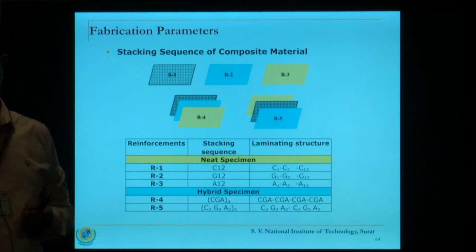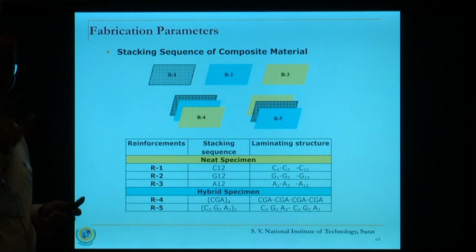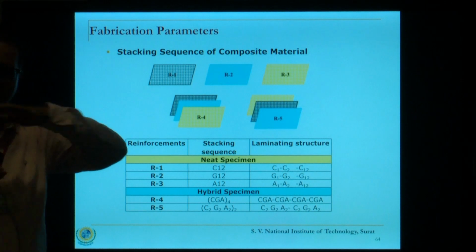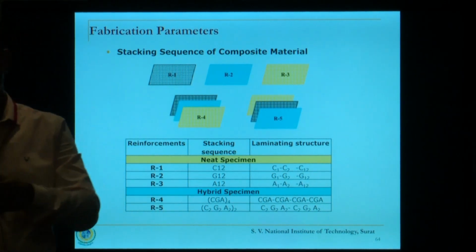So do I want post processing on the carbon side or on the aramide side? That was also interesting. Eventually we found that on the outer side, carbon fiber is better than the aramide one. I am not going to discuss that part, but carbon on the better finished side came out to be a better option.